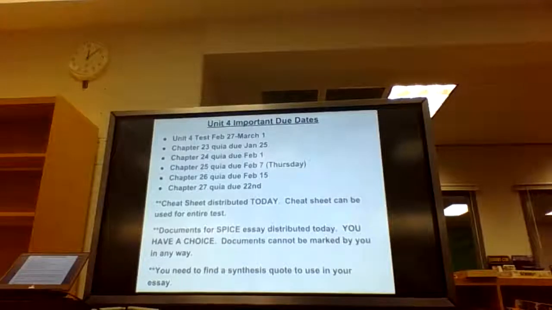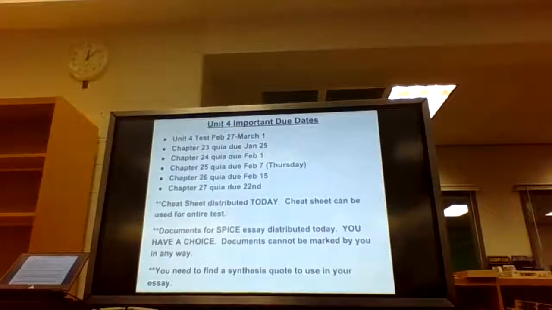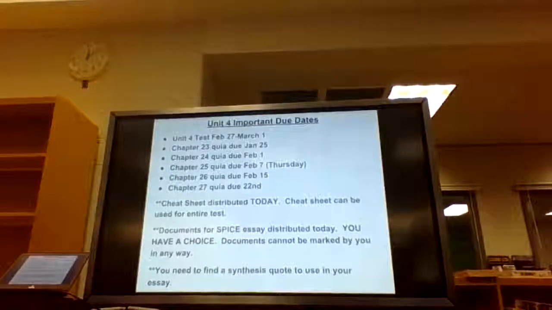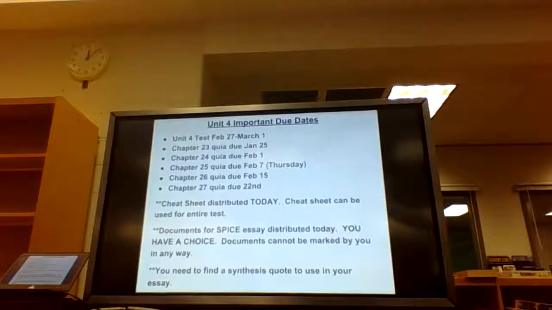Or there's another option. If that sounds like a really boring topic, you've got to turn a few pages in. And there it is, option number 2. Why did American nativist groups oppose free, unrestricted immigration?